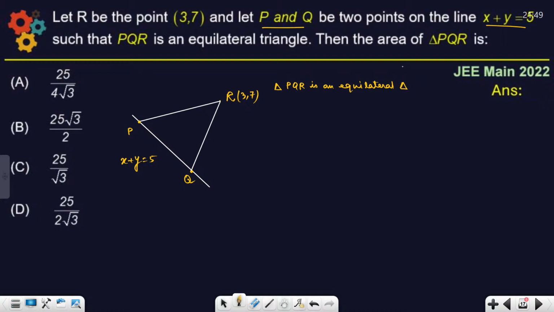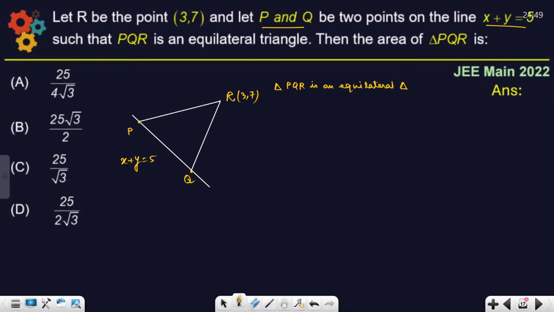You have to find the area of this equilateral triangle. That's it. So how to do this? Simple. See, simple sums come in JEE Mains, except the year 2022. But this question given in that paper is pretty simple.